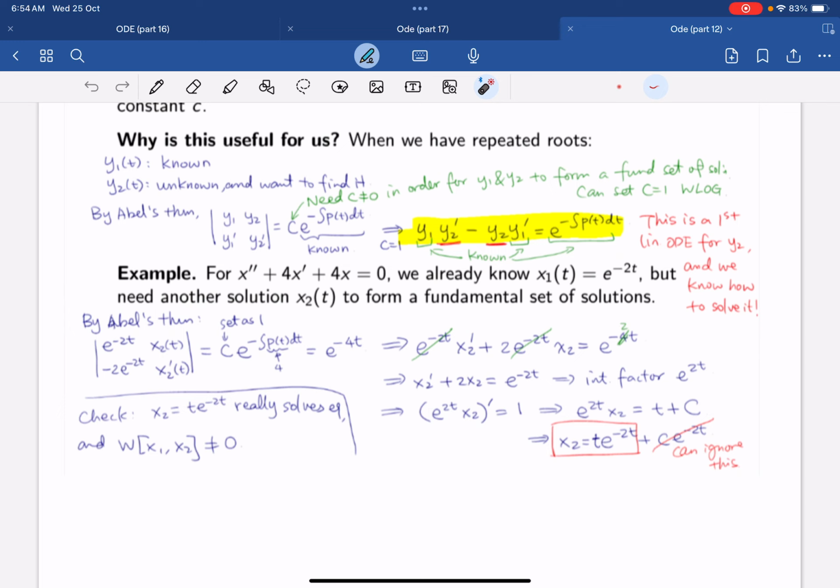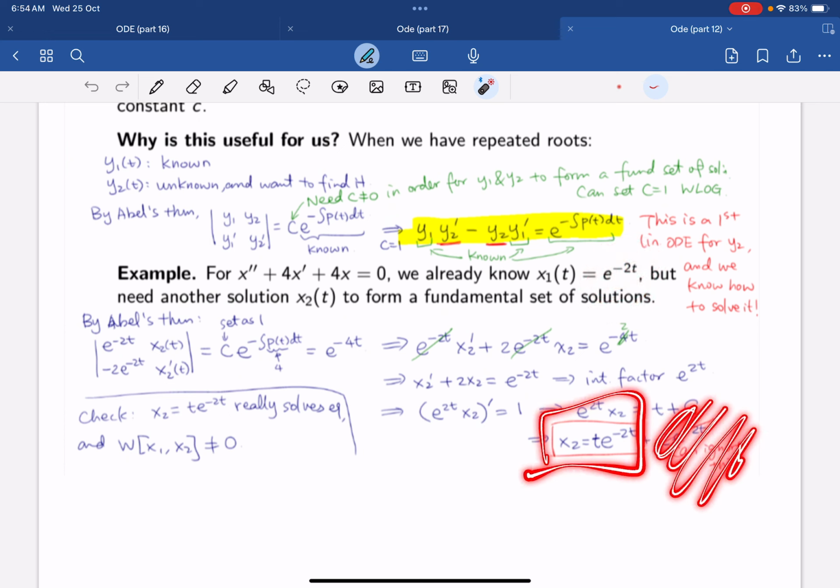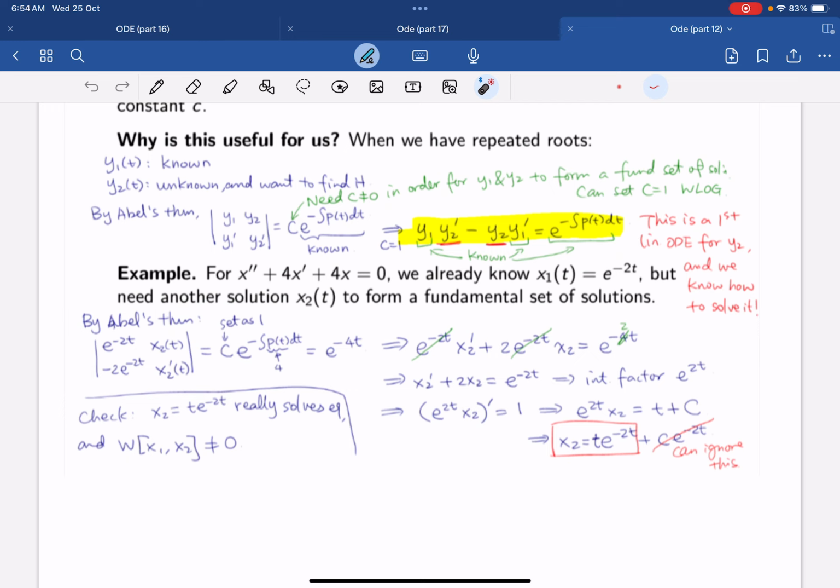We can use the integrating factor formula, and this gives us x2 equals t e to the minus 2t plus c e to the minus 2t. But e to the minus 2t is one of the solutions already, so we can ignore this part, and this will form our solution. Then you can also just check that this really solves the equation, and the Wronskian between x1 and x2 is now non-zero.